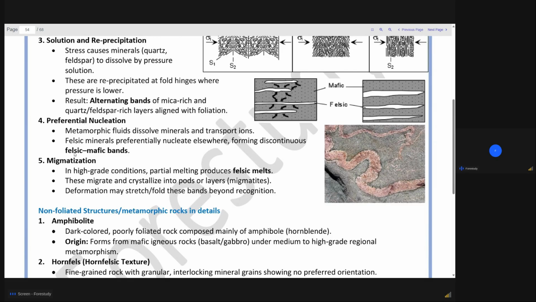When a solution comes, it will take different elements into account, say Mg, Fe, silica, and aluminium. But felsic and mafic minerals have different tendencies to precipitate at different locations depending on the PT conditions. That is the reason there will be segregation of felsic and mafic minerals, and they will form layers and bands.